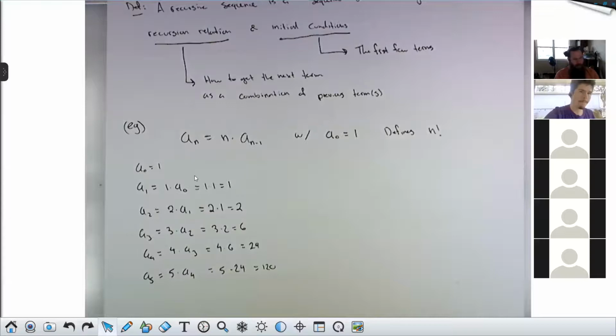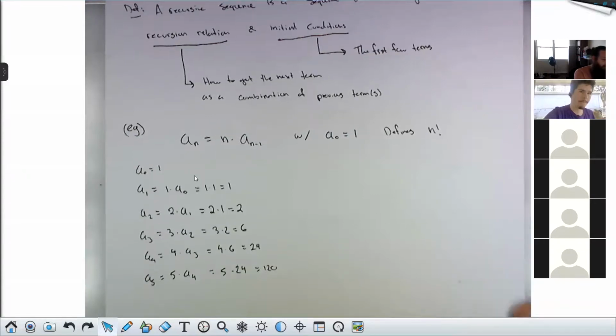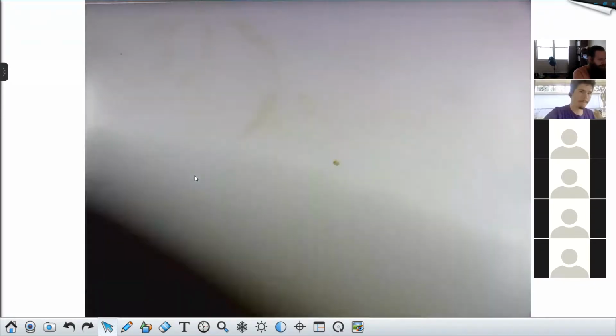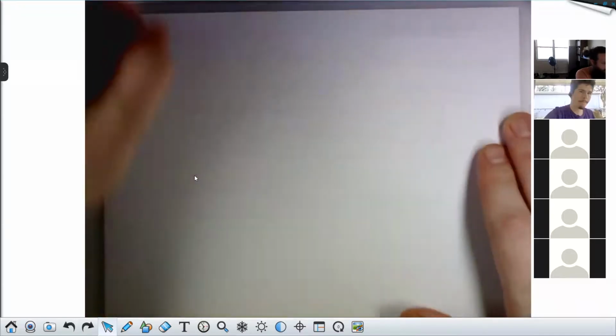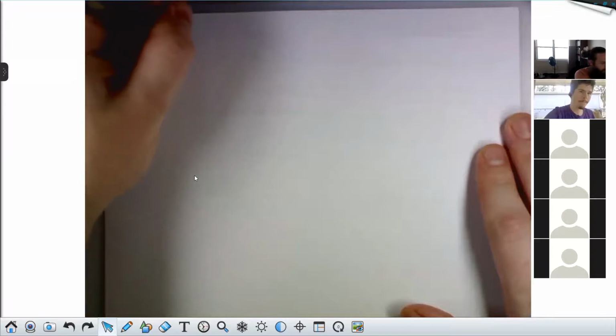What I'm here to show you guys is just how recursive sequences work, and a little bit when we can tell they converge. So the factorial is one example. The most famous example, though, is the Fibonacci sequence. I'm going to use the symbol F_n here.